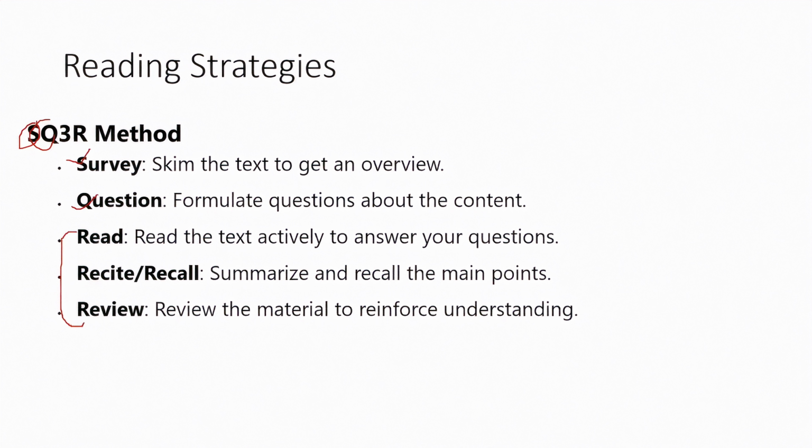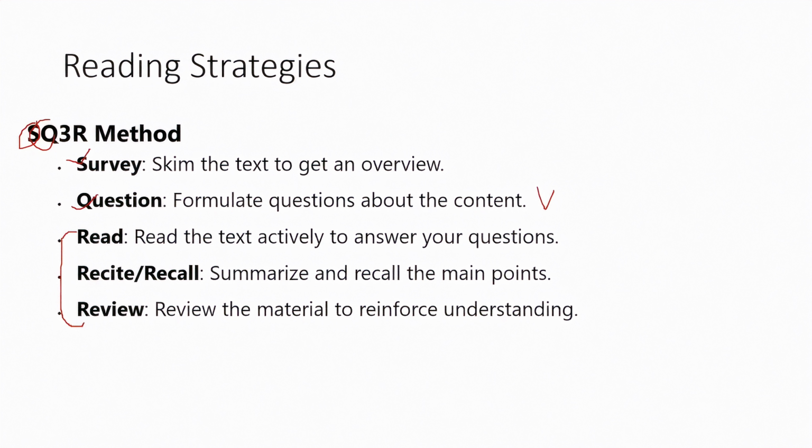Second, formulate questions about the content. What question do you have in mind? Next is read the text actively and answer the questions. You read the text with a question in mind and try to find the answers present in the text.